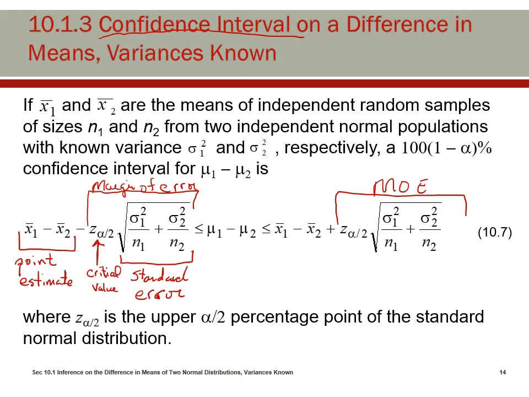So that formula is identical to what we've been working with before. We just have to put in, instead of a single mu, a difference between two population means, mu1 minus mu2, in the center. Since this is a two-sided test, notice that our critical value is for z alpha divided in half instead of just alpha.